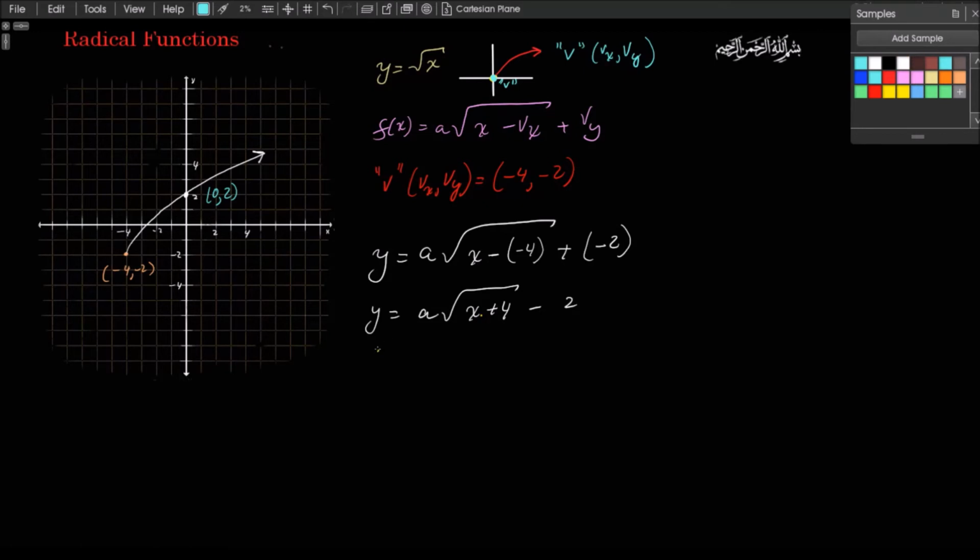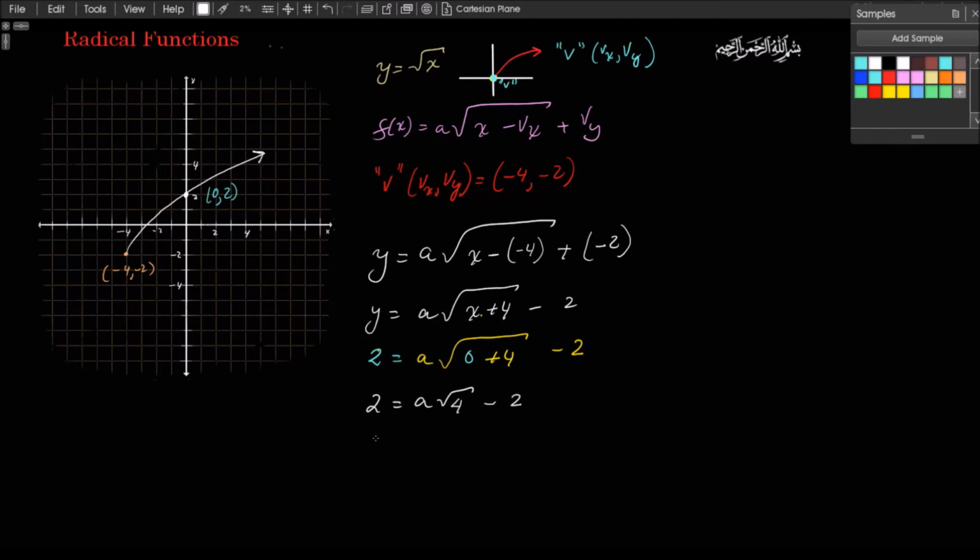So we have y, which is 2, is equal to a, which is what we're trying to solve for, times the square root of x, which is 0, plus 4, minus 2. All right, so let's simplify. So 2 is equal to a times the square root of 0 plus 4, which is 4, minus 2.